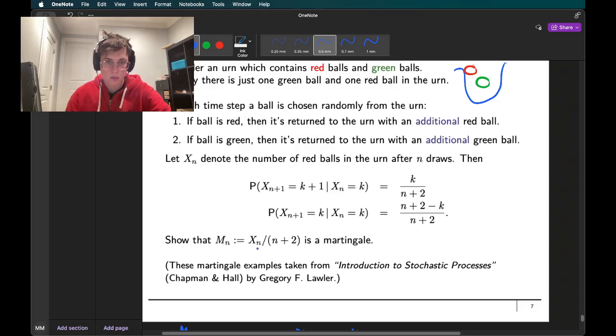I forgot to mention here that I'm just replacing Xn with k. Well, we know that the value of Xn from all the information up to time n is k, right? Yes? Okay, good.